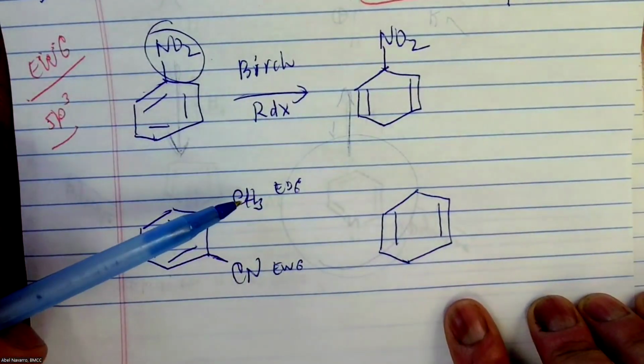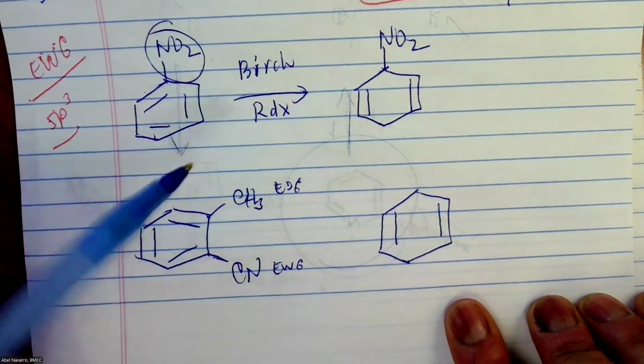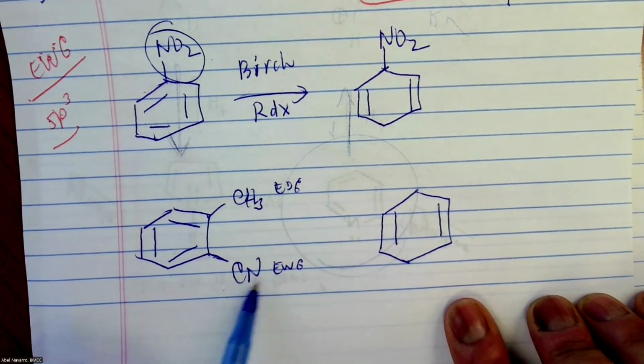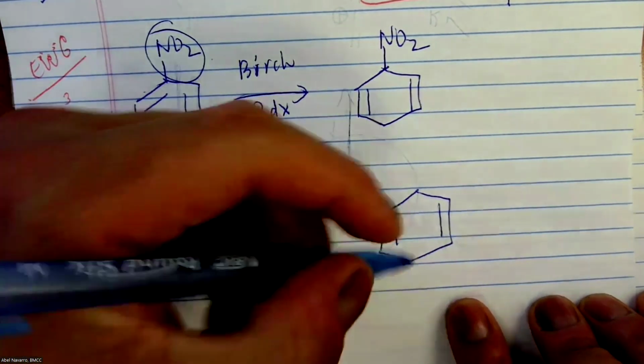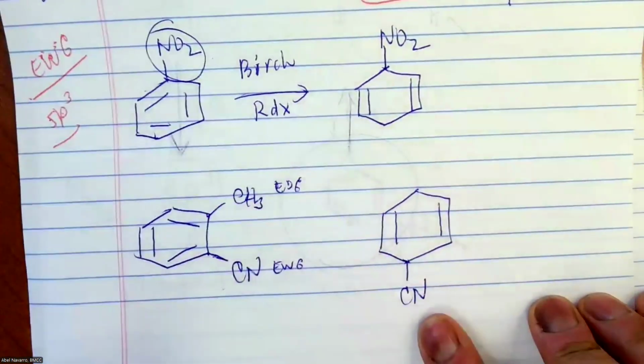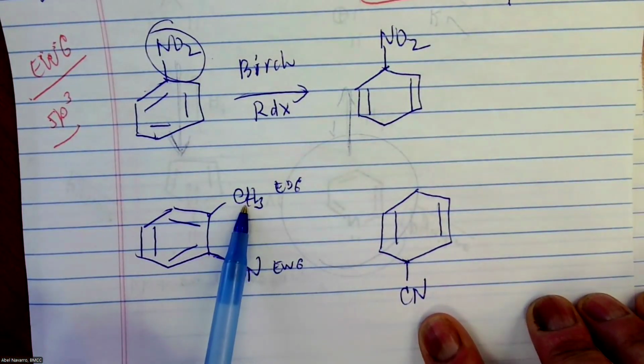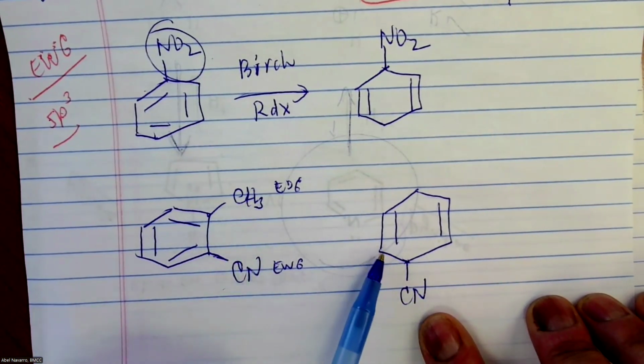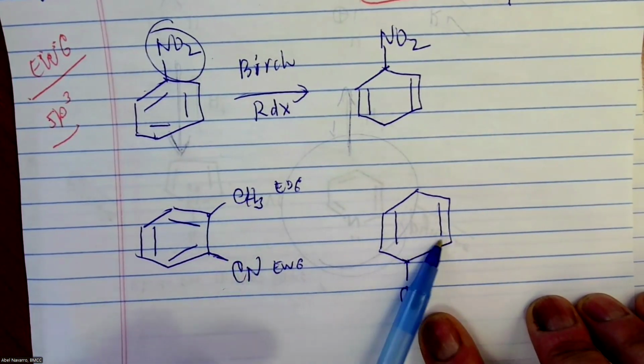Remember that cyano is the electron withdrawing group, so that one has to go to an sp3, and the CH3 has to go to the sp2, or the double bonded. I can do it this way or this way, it doesn't matter. But the CH3 will go there.